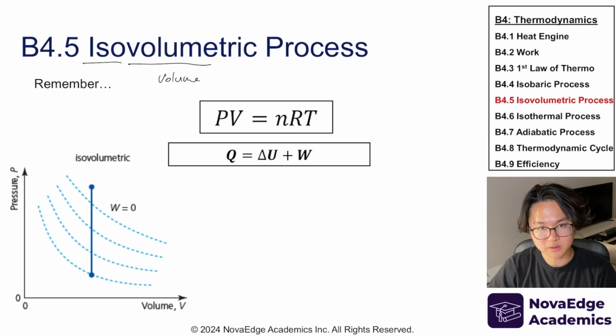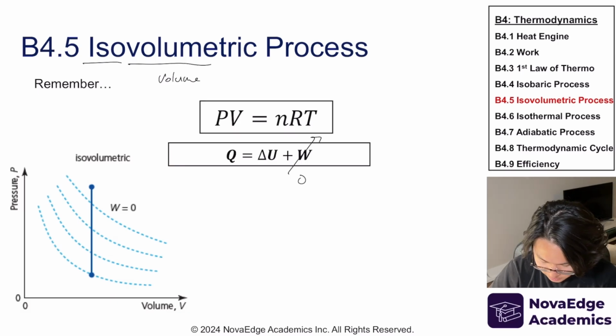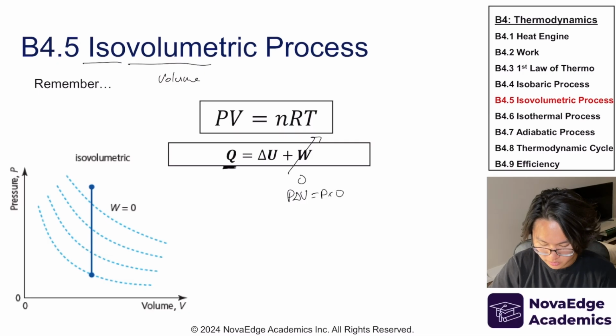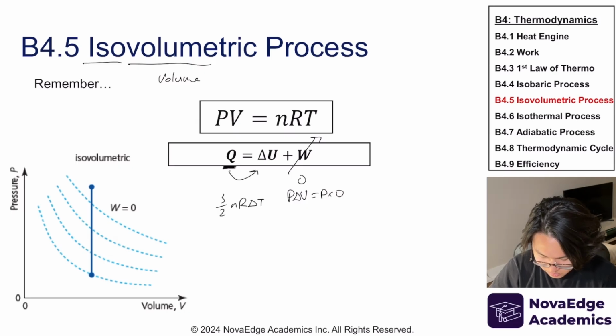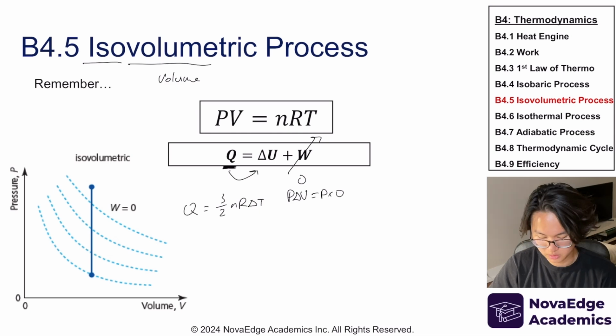So all of that Q has to go somewhere, and it's going into change in internal energy. So work is 0 because P delta V is P times 0. So all of that heat goes into change in internal energy. So Q is equal to that.